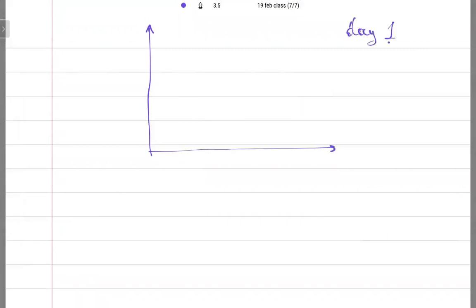It's time, that is 8 a.m., that is 8 p.m. This is the top of the mountain. This is the bottom.